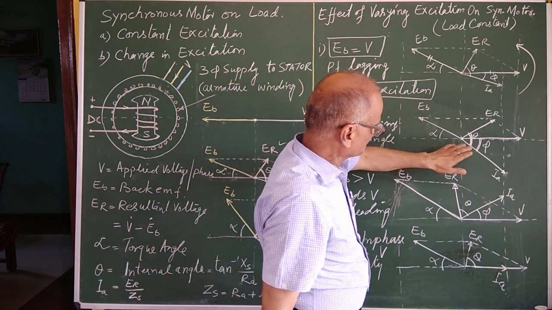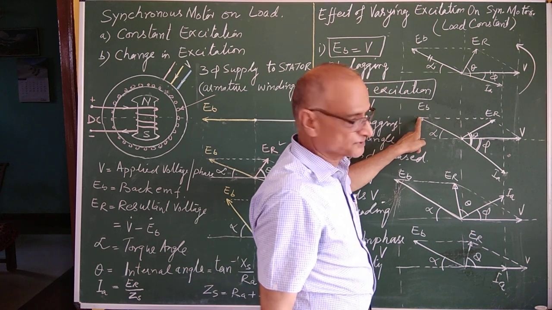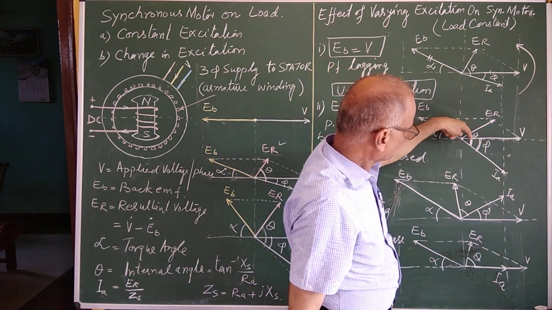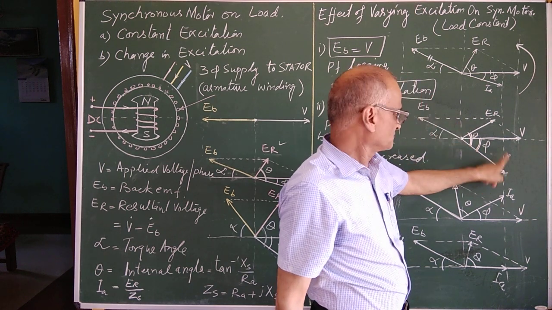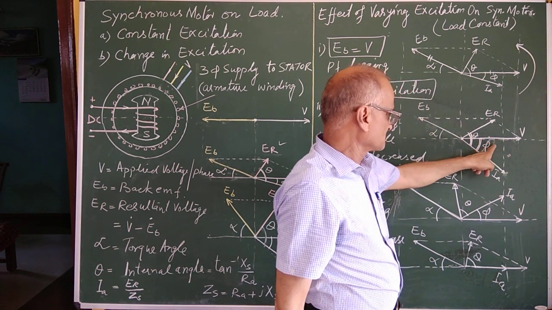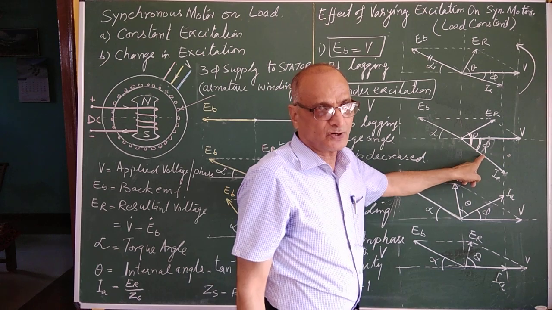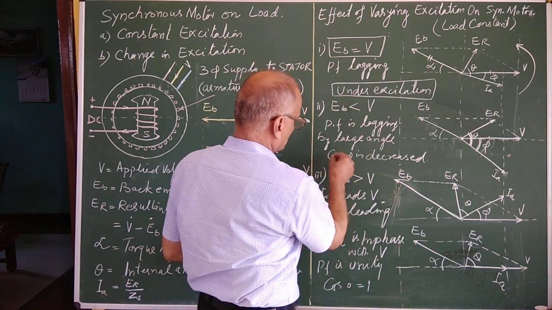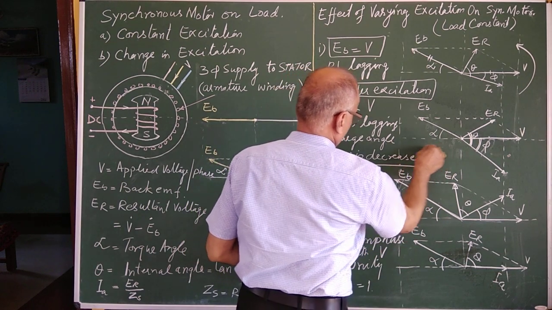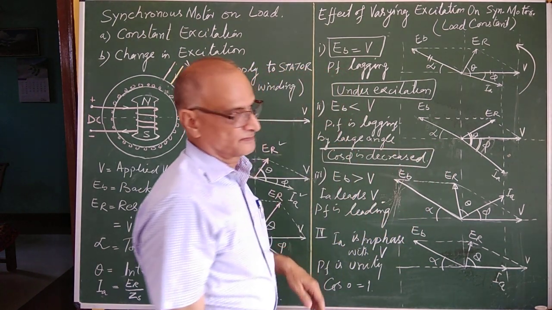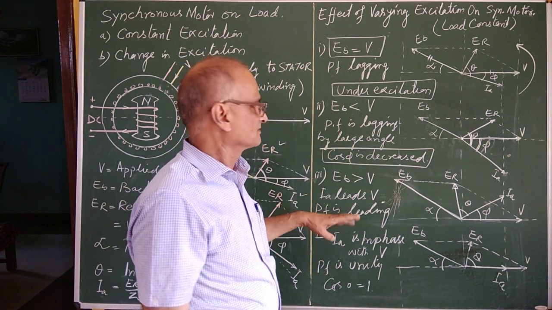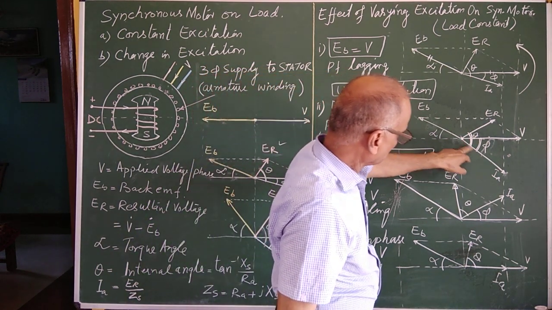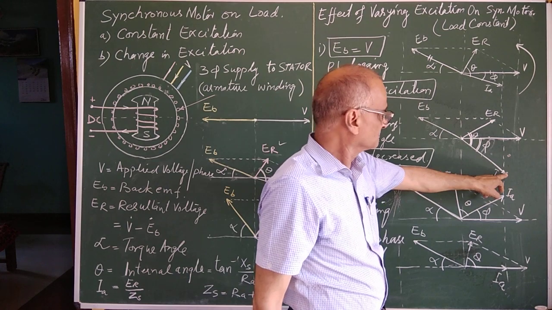So in under excitation, EB is reduced, ER is increased and shifted to this side, and IA is also increased, phi is also increased. When this angle is increased, power factor is decreased. So by decreasing excitation, power factor is decreased and IA is increased.